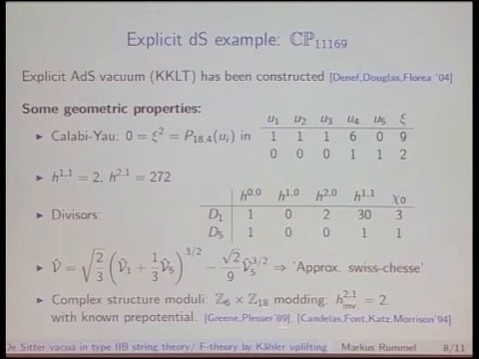We can show this explicitly. The volume is of this form. So in this basis of D1 and D5, it's not Swiss cheese, but in some sense this is just a correction. And if you do the numerics, our analytic treatment doesn't work anymore, but if you do it numerically, you still find that it works to find this de Sitter vacuum.